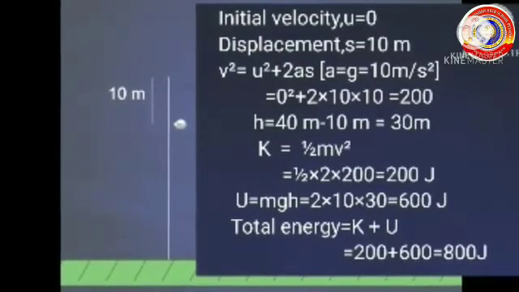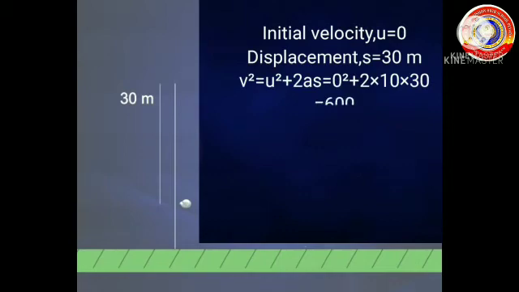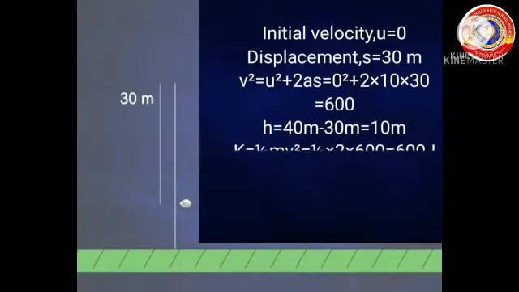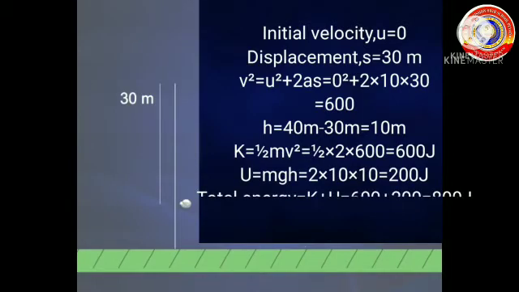And the next situation, now this stone falls 30 meter down and reaches a height of 10 meter from the ground. At that time, its initial velocity u equals 0, displacement s equals 30 meter, v square equals u square plus 2as, that is 0 square plus 2 into 10 into 30 equals 600.